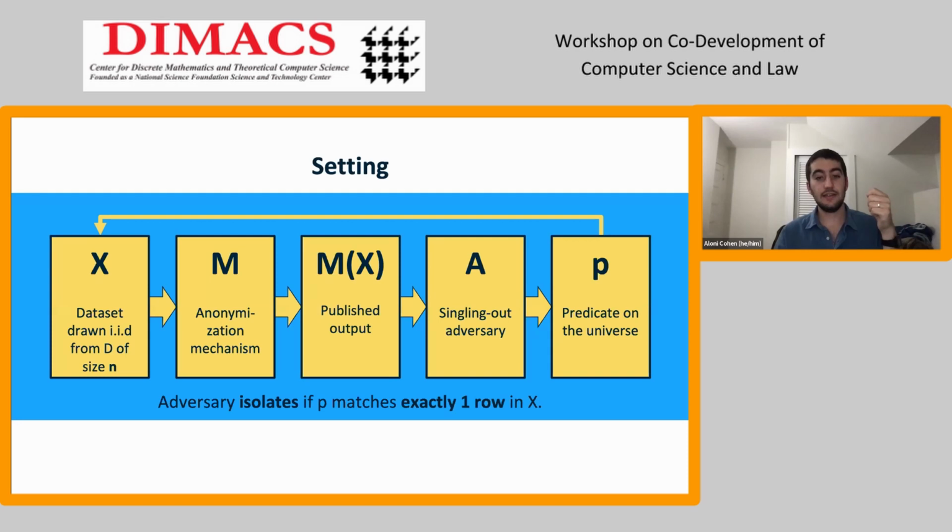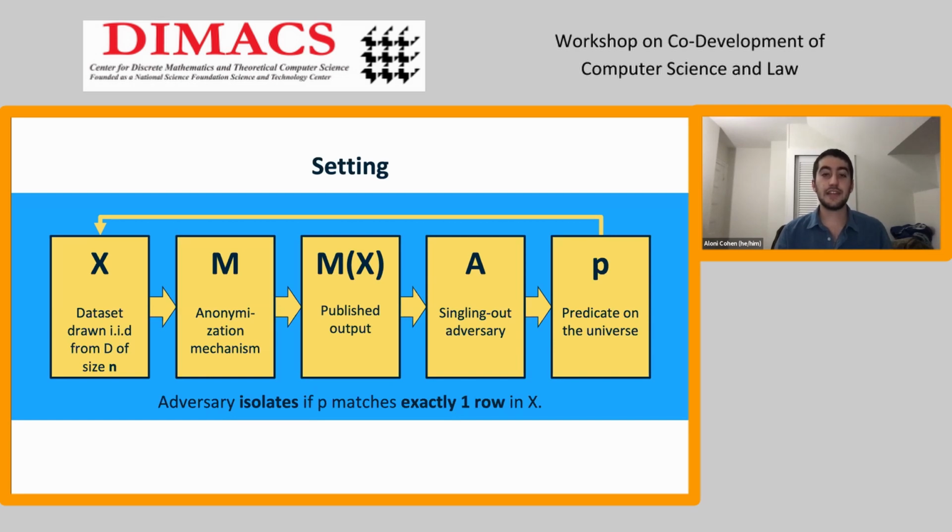That predicate is like watched Mulan in March or rated the movie Crash a 5. That predicate is a property of rows that is either true or false. And the adversary's goal is to output a predicate that matches exactly one row in the underlying database. If he does so, we say that the adversary isolates.